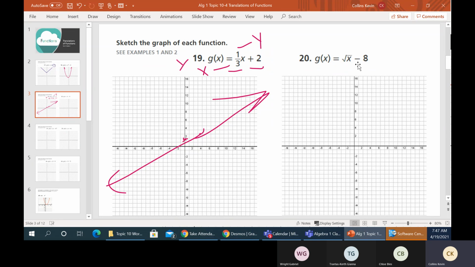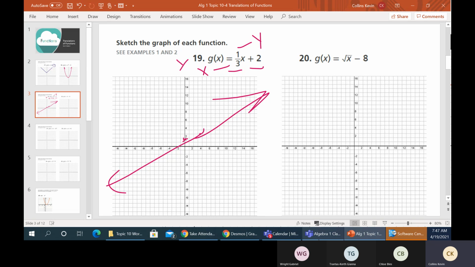What happens when we put the minus 8 in there? Yeah, we're going to go down 8. Perfect. So see, Chloe, how this is? We're on our 4th function already, right? We're on our 4th function, and the numbers still do the same things. This guy made us go up 2. This guy's going to make us go down 8.